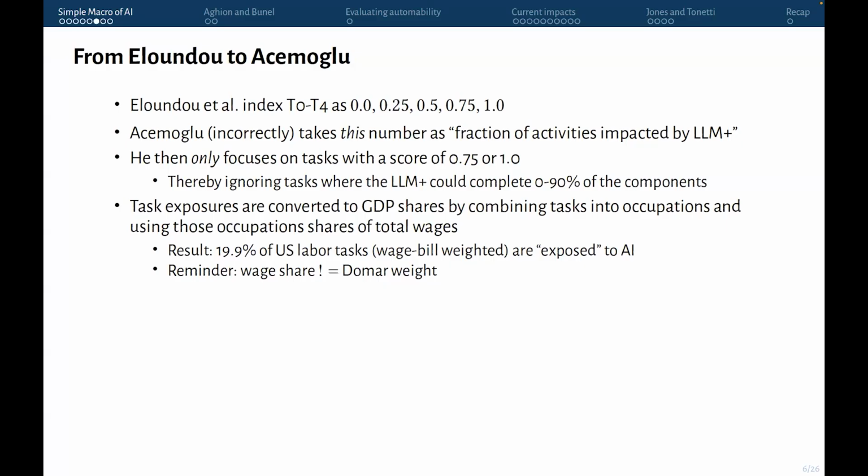Every time it said that a task had at least 50% of its subtasks automatable, or at least 50% time saving, it also said at least 25% of the time could be saved. Otherwise, it would give answers that didn't rank consistently in that way.